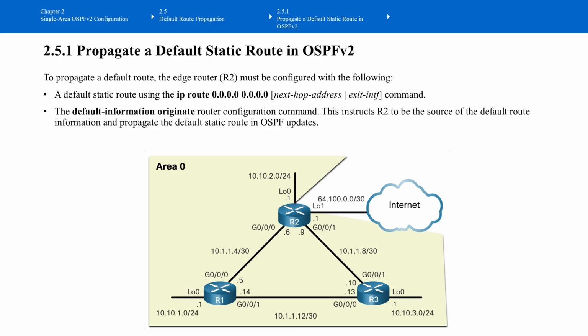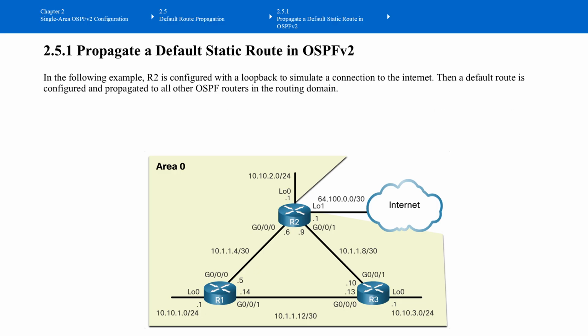This instructs R2 to be the source of the default route information and propagate the default static route in OSPF updates. In the following example, R2 is configured with the loopback to simulate a connection to the Internet. Then a default route is configured and propagated to all other OSPF routers in the routing domain.